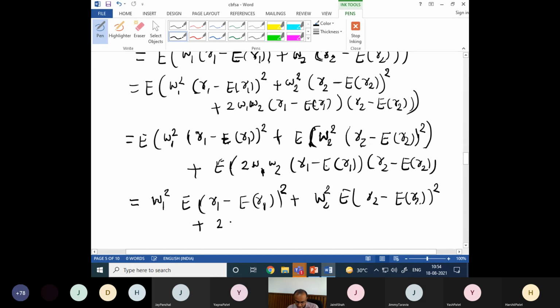Similarly, twice W1 W2 is the common constant term in the third of this summation. So it is expected value of (R1 minus ER1) into (R2 minus ER2).